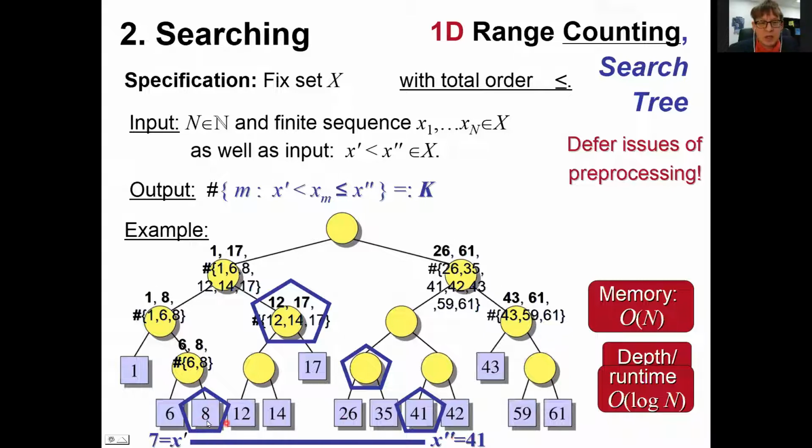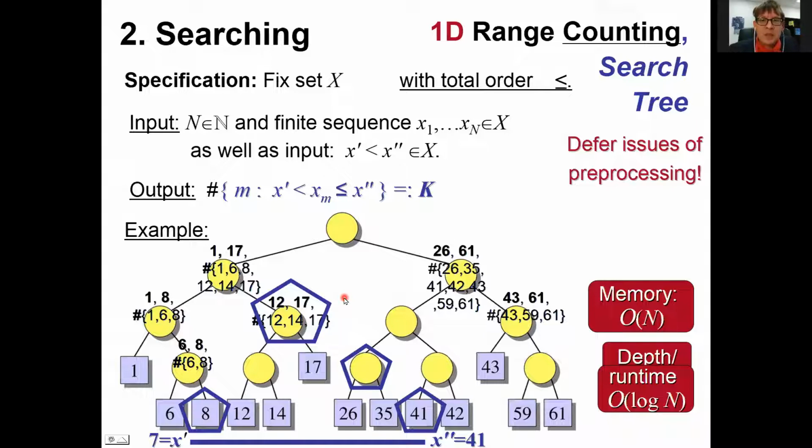So looking at each element in the range is prohibitive for a logarithmic time or even a sublinear time algorithm. That's the trivial algorithm we started with previously, right? And this algorithm beats that by adding large numbers in one step if the whole subtree is contained in the range. That's our search tree algorithm for the one-dimensional range counting problem.